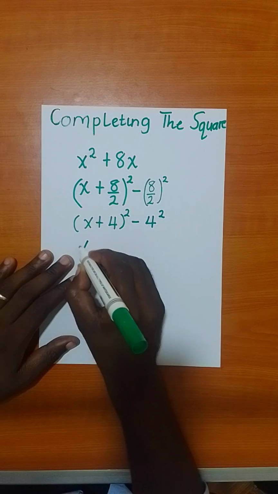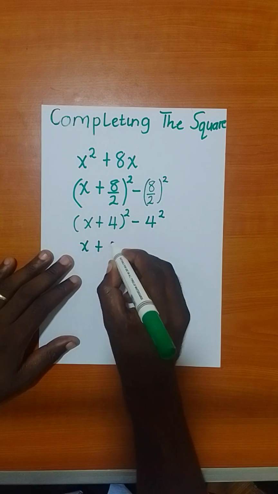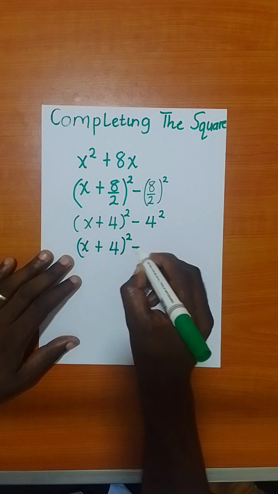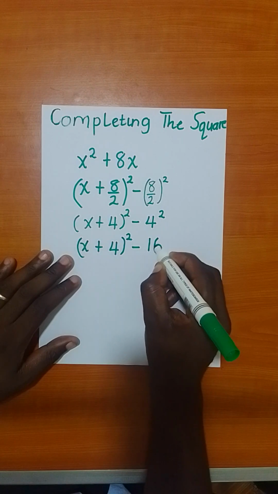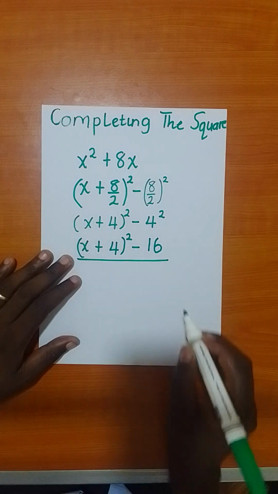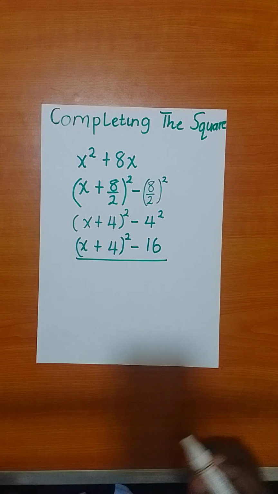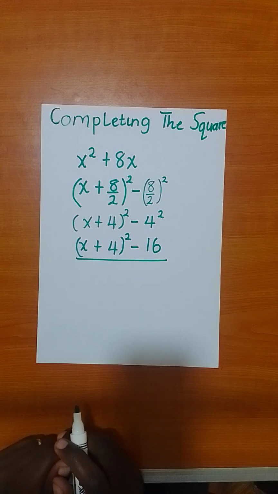Then we continue: x plus 4 squared minus 16. By doing this, we have managed to complete the square. All right, then let's continue.